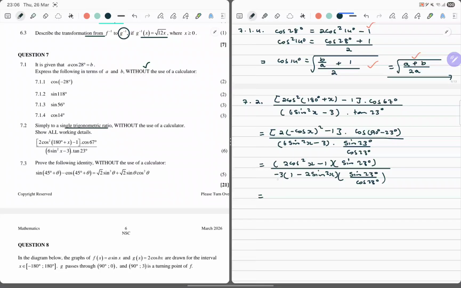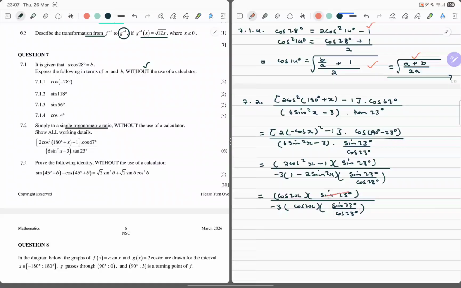That's a double angle identity for cos. This is cos 2x, right, times sine 23 degrees, all divided by, this is minus 3 into, this is still cos 2x into sine 23 degrees over cos 23 degrees.